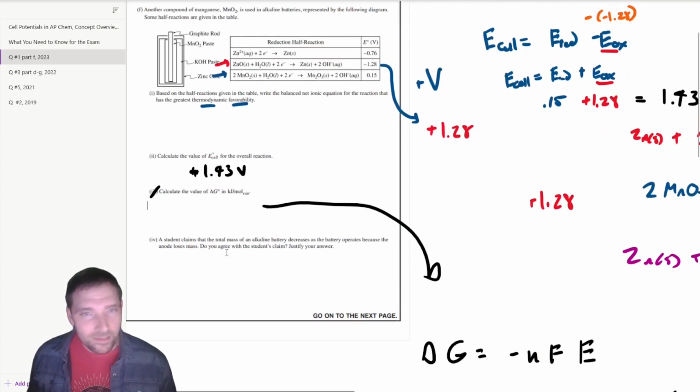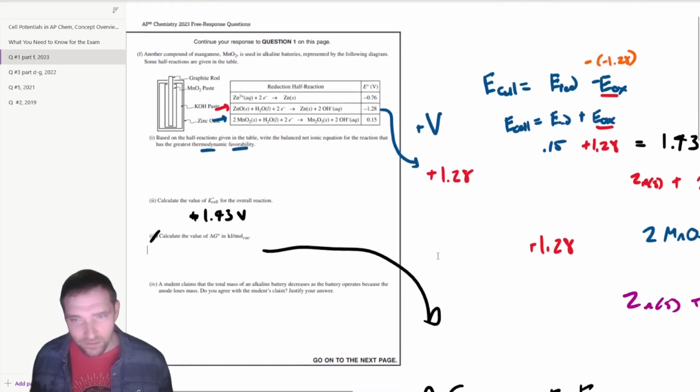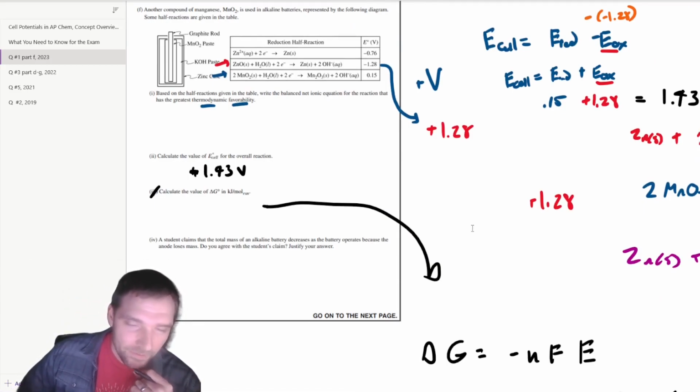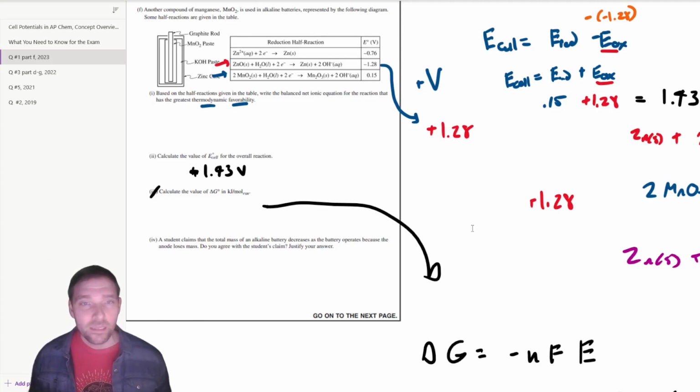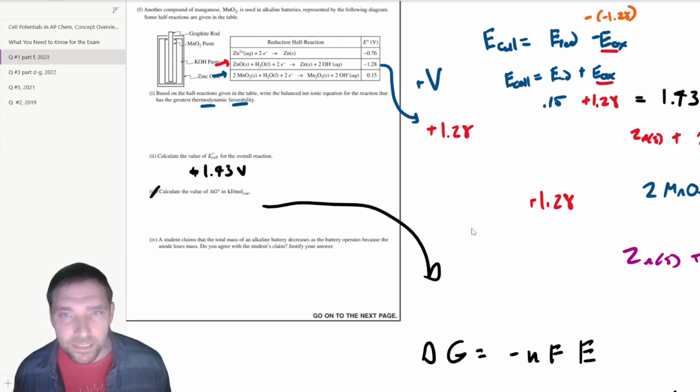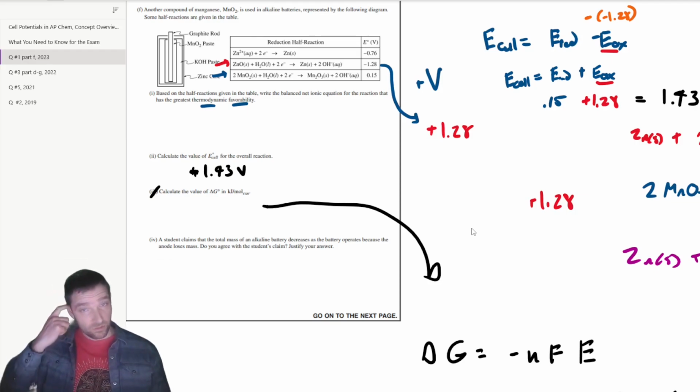So we've got that answer for our third part, and then we can answer this fourth question. Now this is a little bit tricky because it almost seems like Faraday's law, but it isn't actually. It seems like, hey, how much mass is going to get deposited over time? And there is going to be mass deposited over time. We're going to be making the manganese oxide, so that manganese oxide should be getting a little bit heavier. But the zinc case is going to start oxidizing, so that should get a little bit heavier.